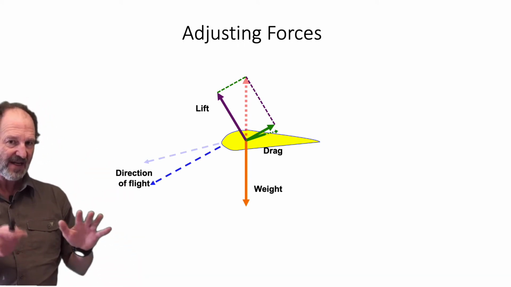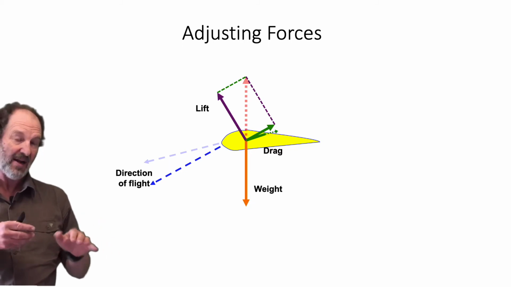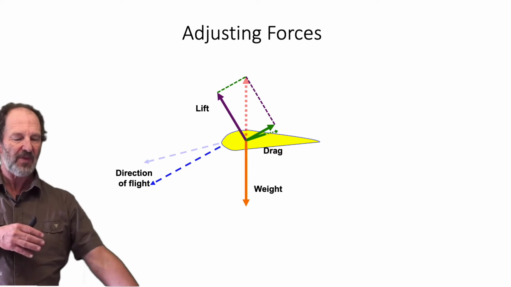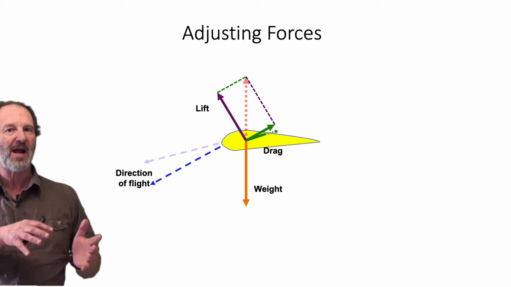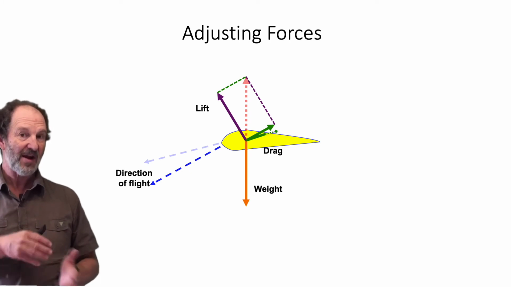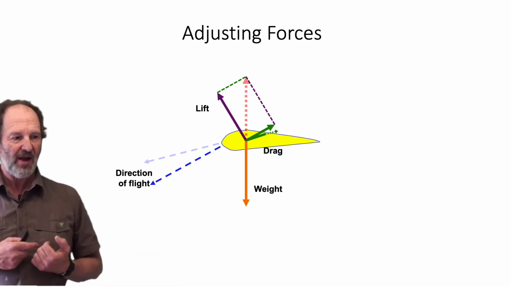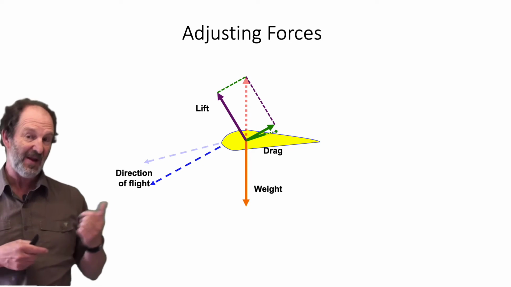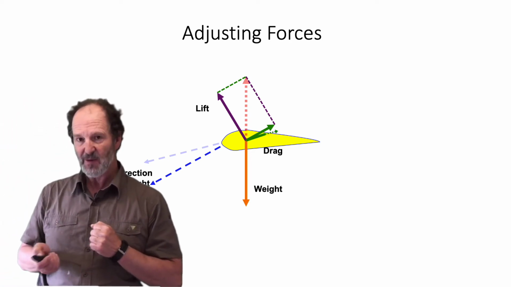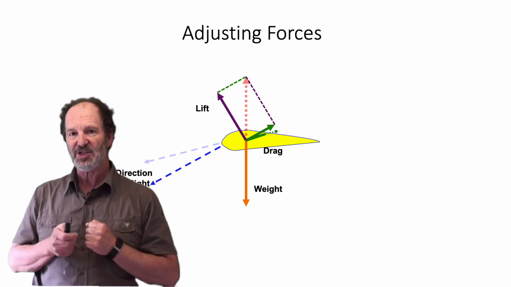So by affecting the ratio between lift and drag, we can actually affect the angle at which we are gliding. Those two things are related, the lift-drag ratio and the glide angle that you can achieve. The glide angle over the ground is also, as mentioned in a previous session, dependent on headwinds and tailwinds as well. And we'll look at that in just a moment when we look at glider polars. But that's how you adjust the forces.